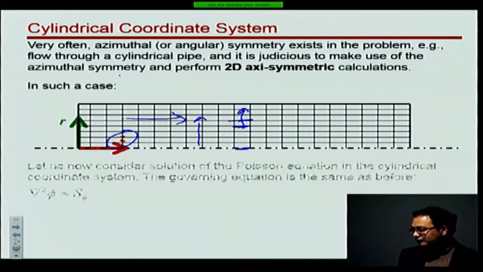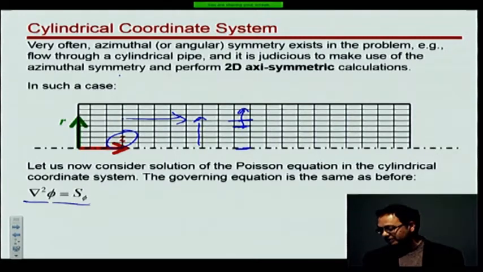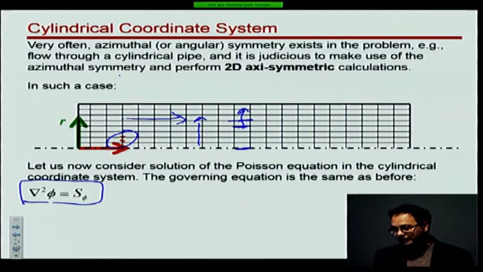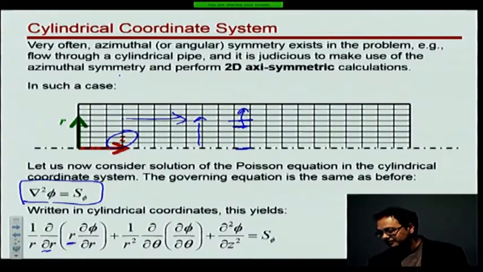So this is our governing equation written in vector notation, but if we now write it in cylindrical coordinates, it looks different. And the fact that this r is within the derivative here is what is really accounting for your area change.